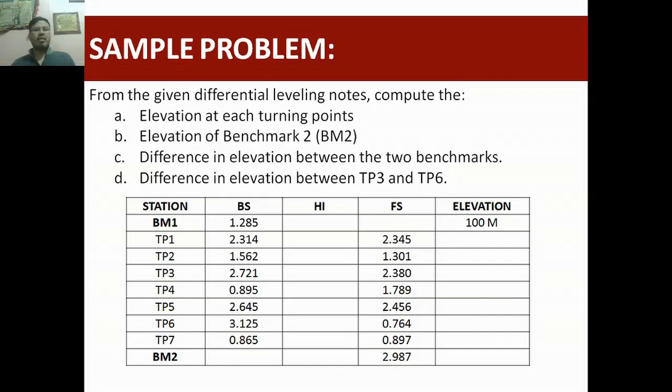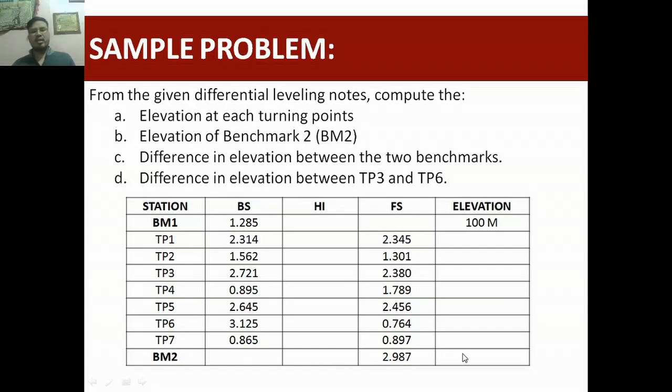Sample problem. From the given differential leveling notes, we are asked to compute, first, letter A, the elevation of each turning point. That means the elevation of turning point 1, 2, 3, 4, 5, 6, and 7. And letter B, the elevation of benchmark 2 or BM2.